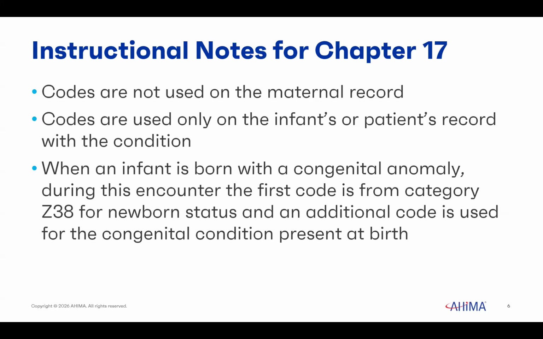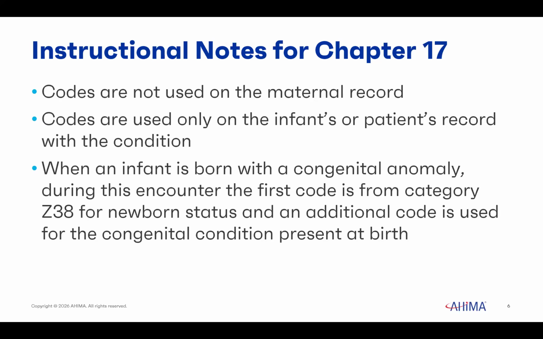The second rule, which is very important: if a baby is born with a congenital anomaly, the first-listed principal diagnosis code in the hospital setting would be Z38, newborn status. And then whatever the congenital anomaly is would come second.